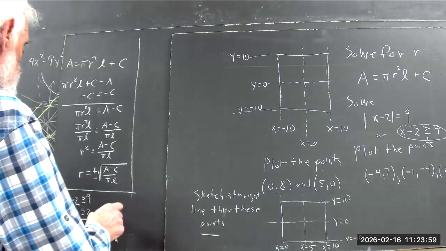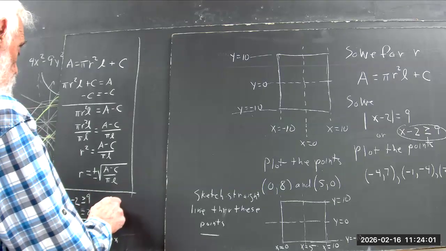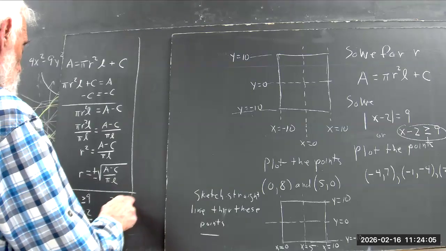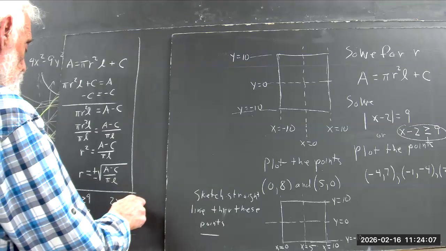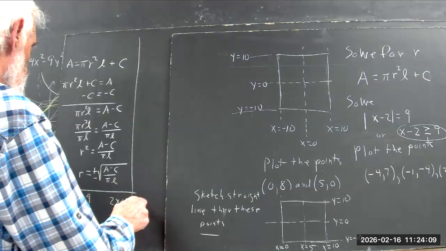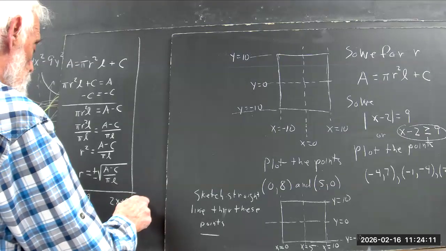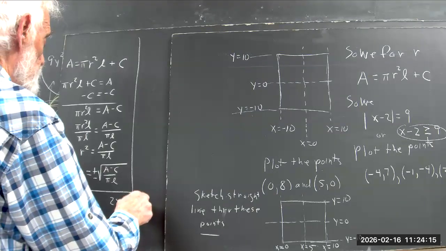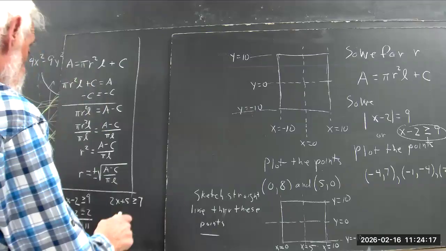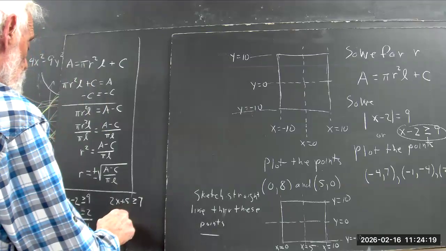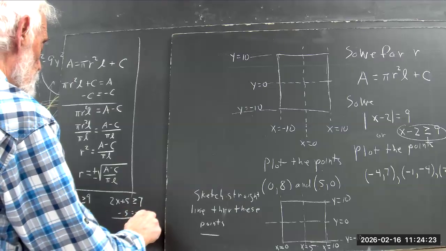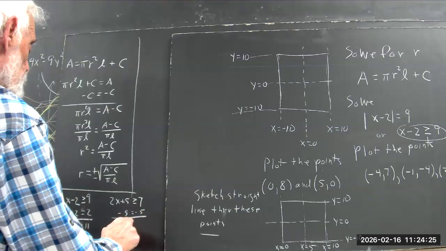Just for demonstration, let's try the inequality 2x plus 5 greater than or equal to, if we add the equation negative 5 equals negative 5 to this inequality, we get 2x.